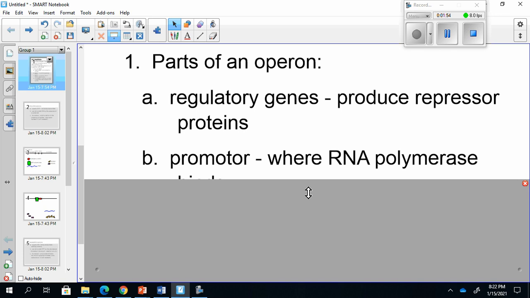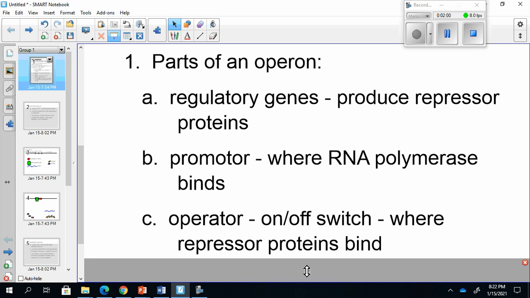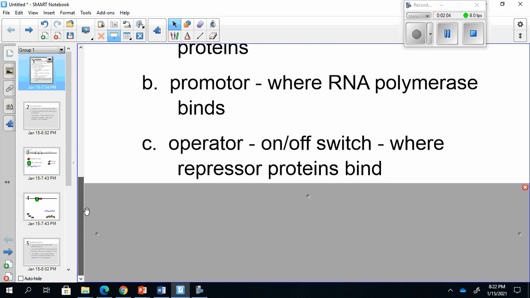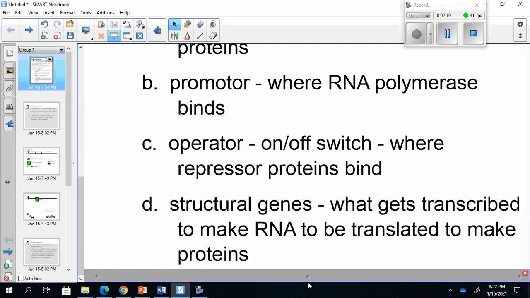A promoter, which you already know, is the area where the RNA polymerase is going to bind to the DNA. Then there's an operator, that's like a little on-off switch. That's where the repressor protein binds. And then, of course, you have structural genes. So structural genes are the genes that have to get transcribed in order for you to make a protein.